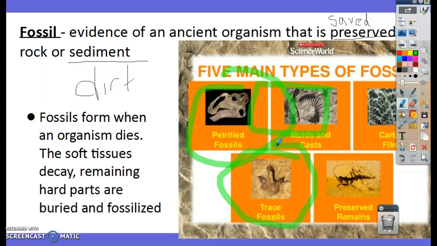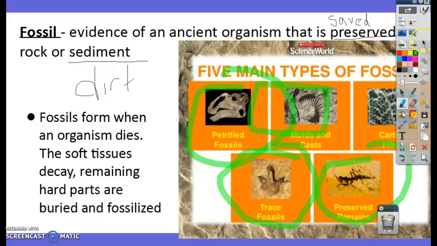It's a trace of the organism, meaning it might be its footprint or something the organism left behind. It's not actually the organism. And then we have preserved remains. Sometimes we get a whole animal like an ant or a beetle, and it'll get trapped in like sap or inside of a clear mineral, like tree sap. So you can actually see the whole animal there, okay?